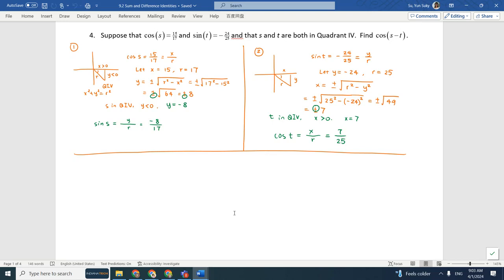If I give you tangent, what is it in terms of x, y, r? Y over x. And cotangent? X over y. And secant? Secant is the reciprocal of cosine, so r over x.